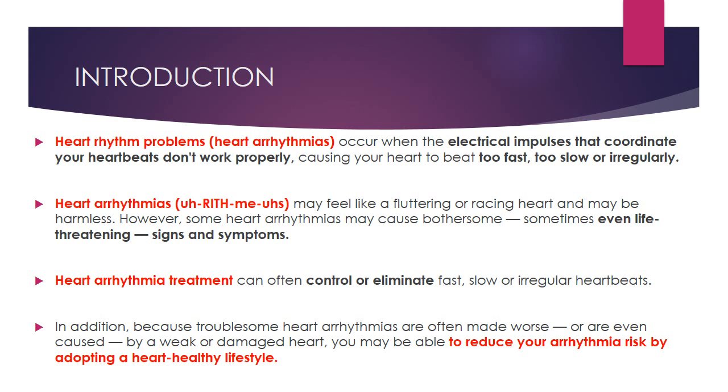To put it in meaning, heart arrhythmias occur when the electrical impulses that coordinate your heartbeat do not work properly, and this can cause your heart to beat too fast, too slow, or sometimes irregularly. Irregular means sometimes it is fast, it goes on for a time, then it slows down, and maybe you have a slow heartbeat as well.